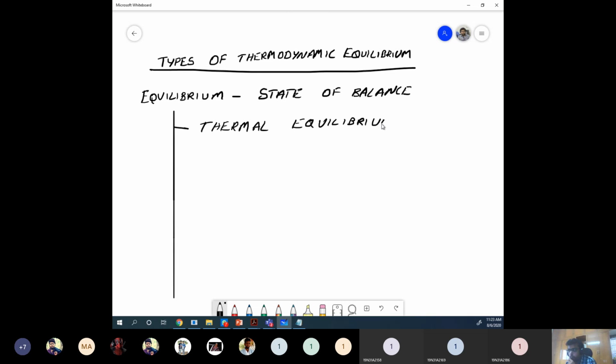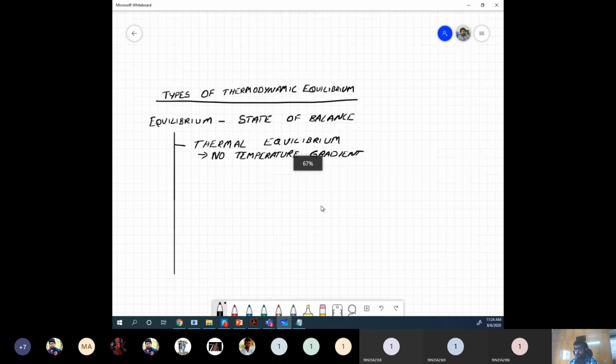Here in thermal equilibrium there will be no temperature gradient. The best example, I have already shown. Let me put it here as well.